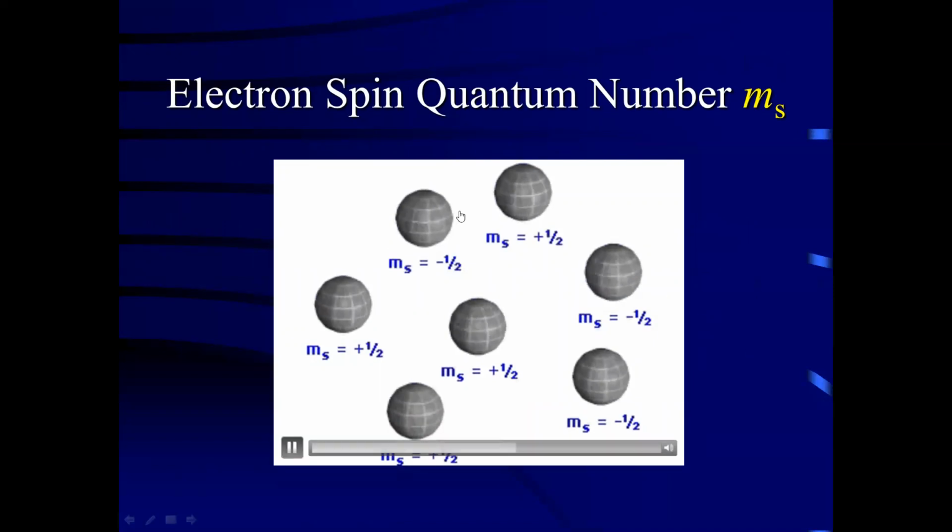You see, we have many electrons, like 7 electrons. Either they spin that way, and we give the electron spin quantum number positive one-half, or they spin the opposite way, and we give it minus one-half. It's only 2 possibilities. This is why m_s only has 2 possible values, easy to memorize compared with the other 3 quantum numbers.